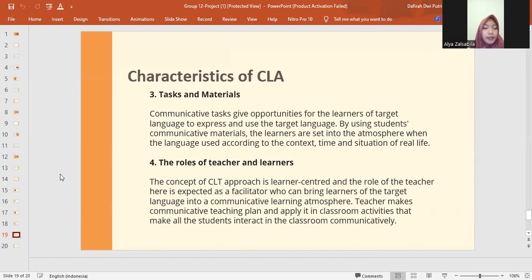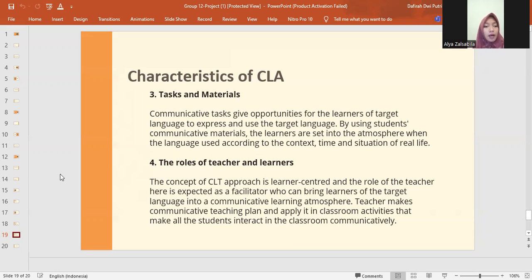And the last characteristic of the communicative language approach is the roles of teacher and learners. The concept of the CLT approach is learner-centered.